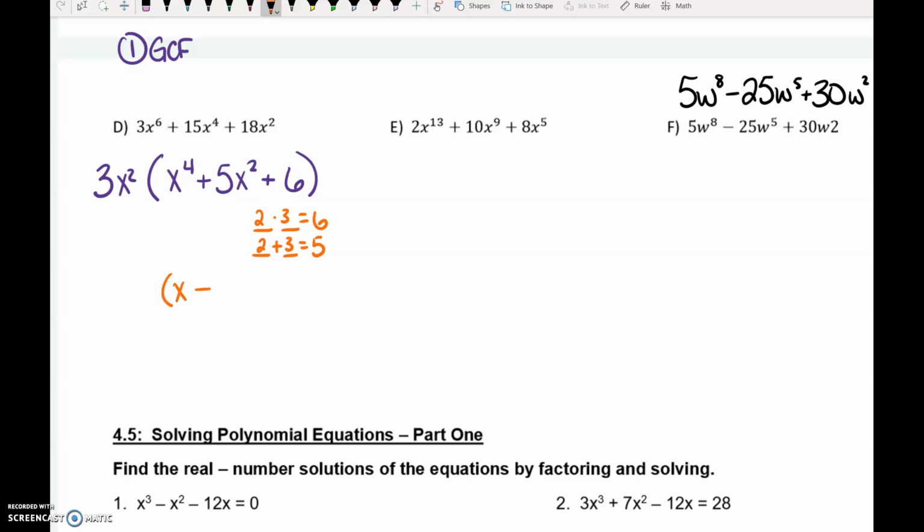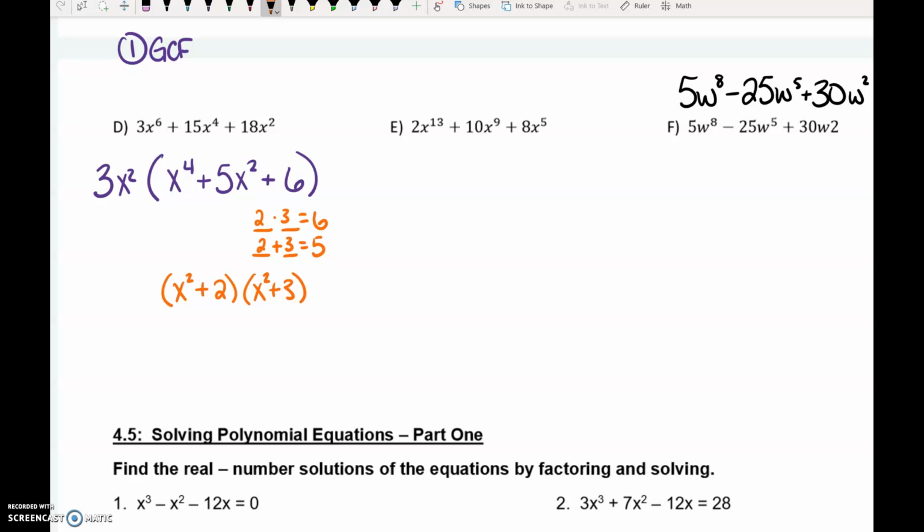Normally, we would do x plus 2, x plus 3. But if I multiplied this out, x times x would give me x squared. I need it to give me x to the 4th. So we just put a square on both of those, and that fixes it.